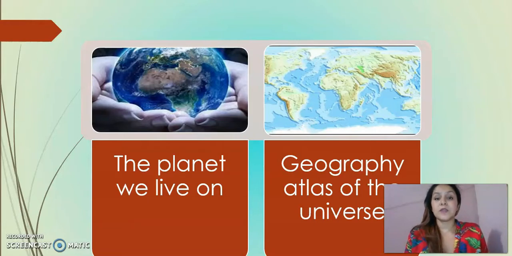Geography Atlas of the Universe is a kind of text that was easy to translate because it contained much information that I know. It is a text that provided me more knowledge about science, about the earth, and this text contains some borrowed terms like the air, the sun.